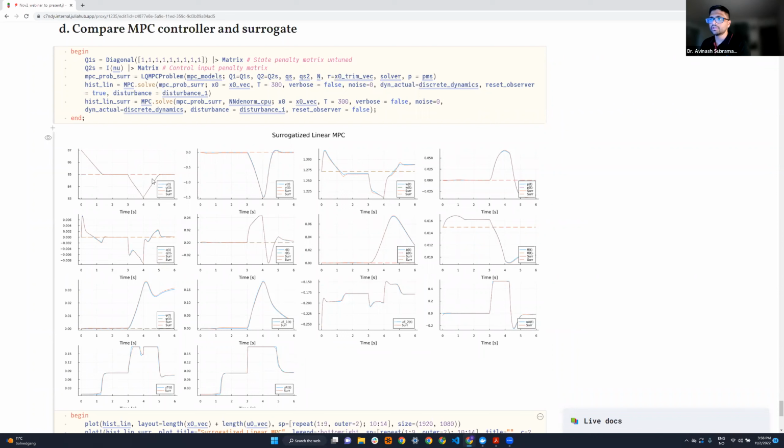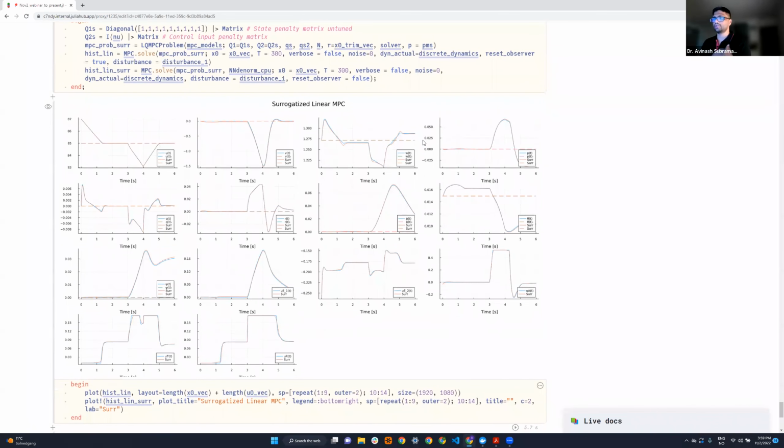The blue is with a regular optimizer, and the red is the surrogate. And we see, at least visually, a very, very good match. We're able to get a very good match between the surrogatized linear MPC in this case and the optimizer.